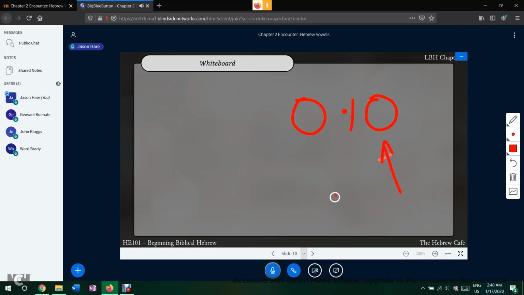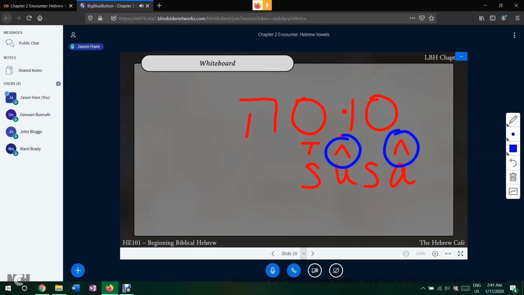This is samech, and this in the middle is U. This word is read as sus. Sus means horse. If you have feminine horse, you use the hey ending for feminine. Susa. This little caret on top of a vowel means that we're using a vowel letter in transcription.